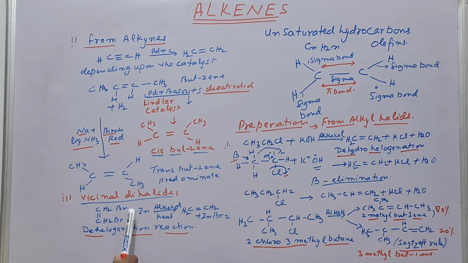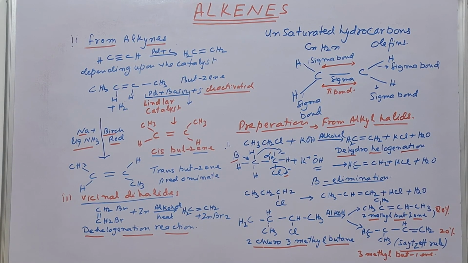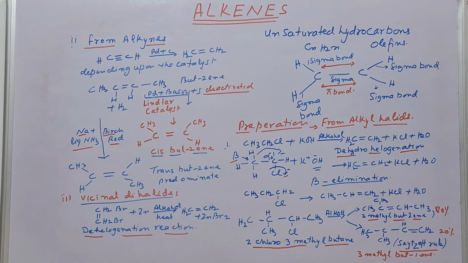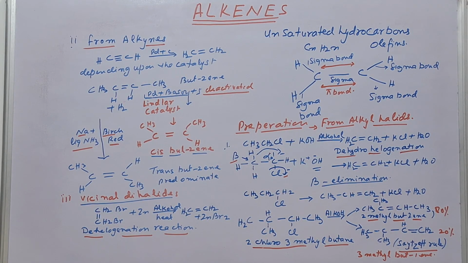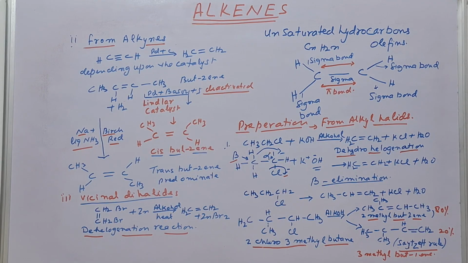Now third is vicinal dihalides. Vicinal dihalide means when the two halogen atoms are joined to adjacent carbon atoms. That is here CH2Br, CH2Br.